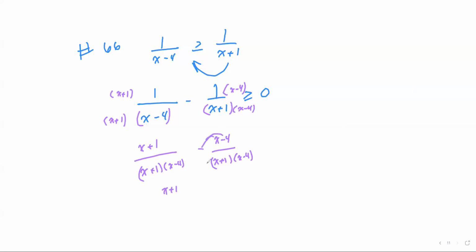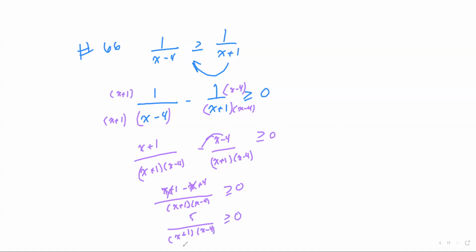I'm going to go ahead and distribute this negative, so that'll give me negative x plus 4. Keep this all the same, but I only got to write it down one time because they're like terms. That will cancel. That'll give me 5 over x plus 1, x minus 4.